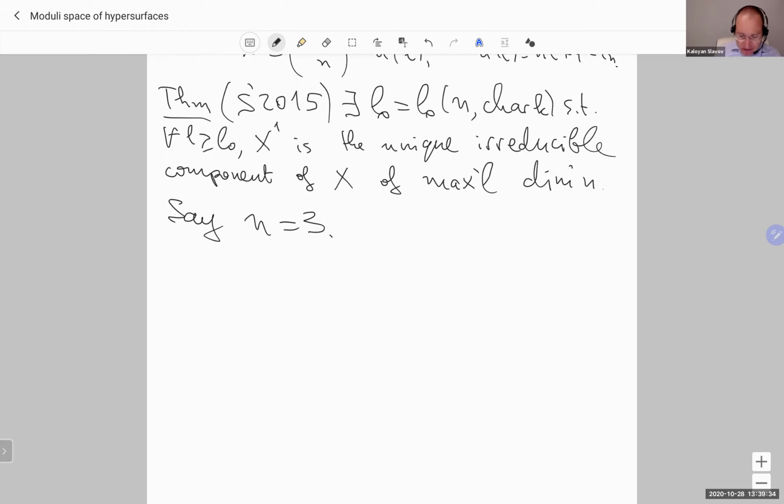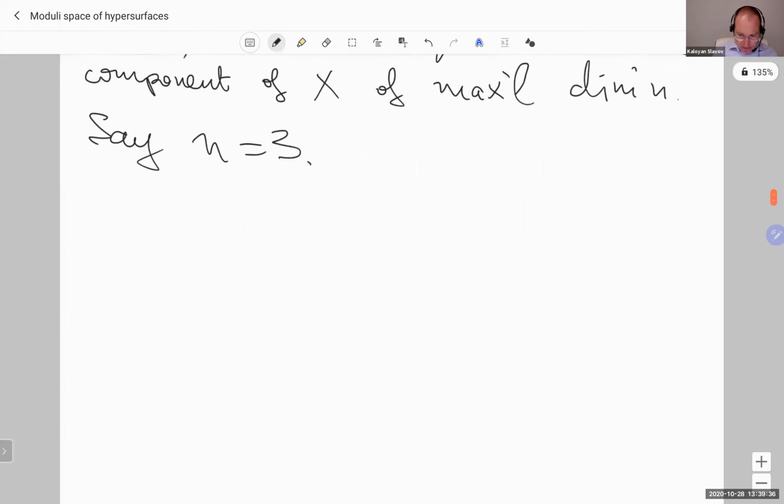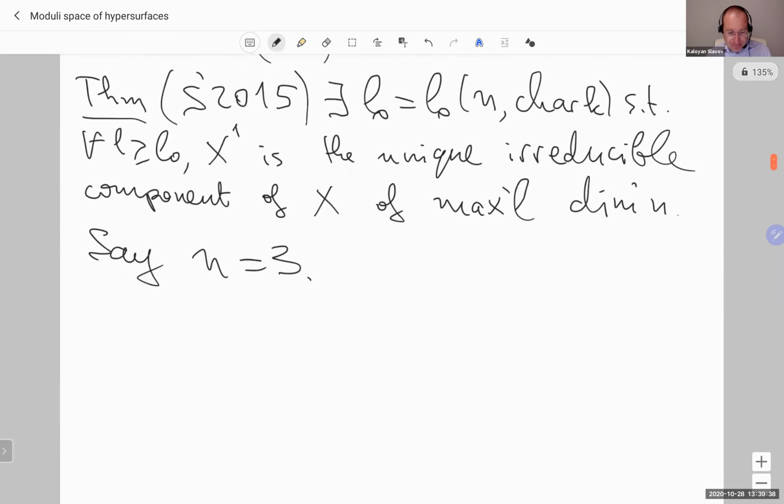Now, what makes this problem difficult is that if I give you a single curve of large degree, it will be difficult for a hypersurface to be singular along that curve. There will be fewer such hypersurfaces compared to hypersurfaces singular along a line. But curves of large degree come in larger dimensional families.